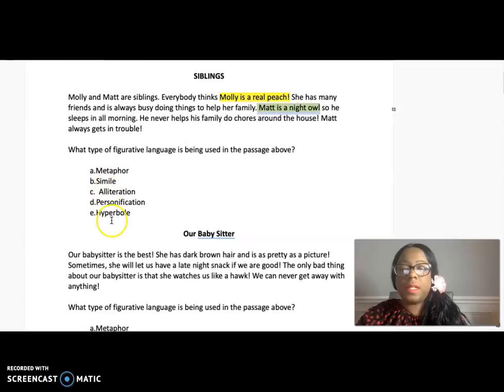Now, it's not a hyperbole because it's not a major exaggeration. It's not personification because there's no object being used in a human way. And it's not alliteration. Even though we have Molly and Matt, which sound the same at the beginning, we don't have several M words within the passage.